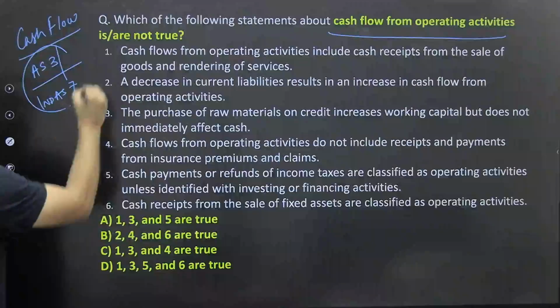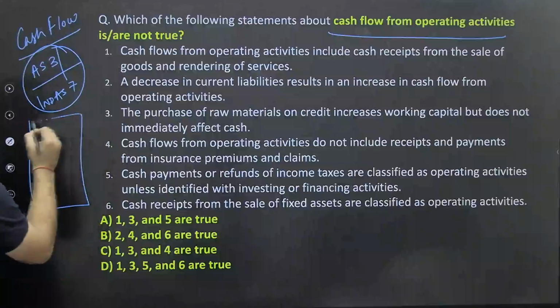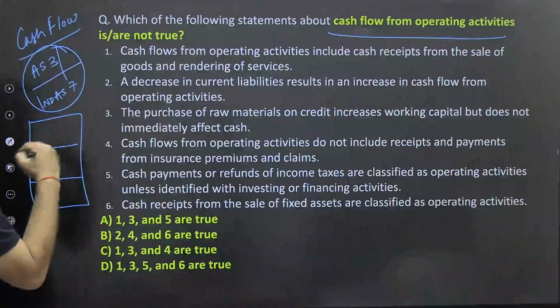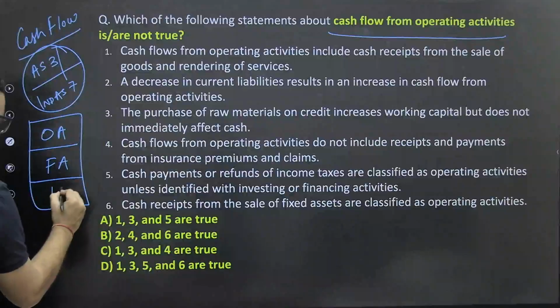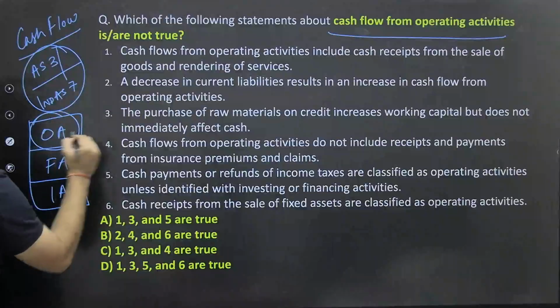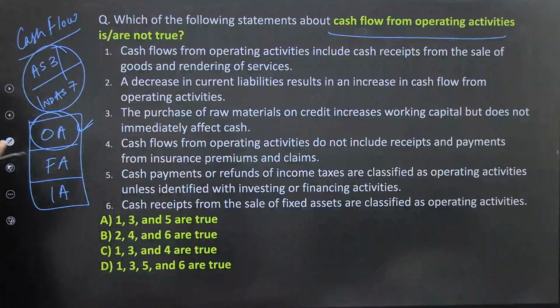As per these standards, whenever you prepare your cash flow statement, it should be categorized into three parts: operating activities, financing activities, and investing activities. Now the question is around this. So this segregation is very, very important, right?